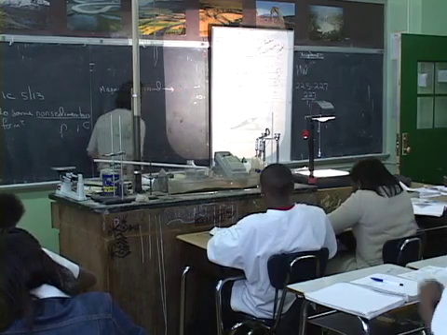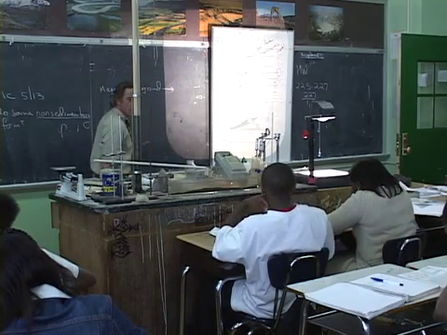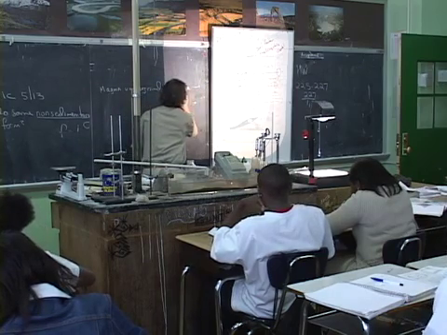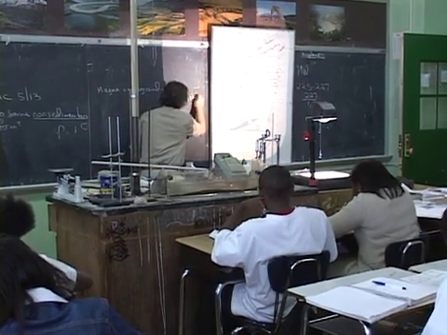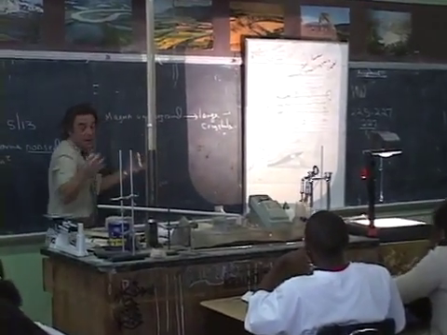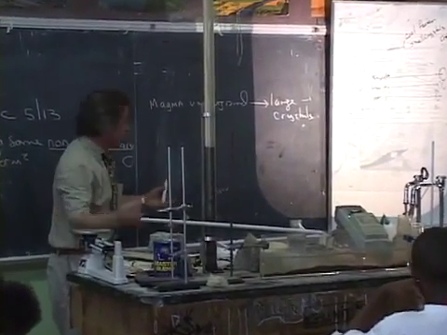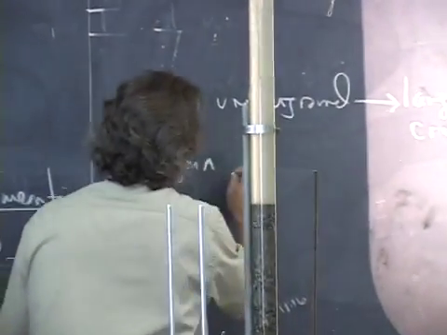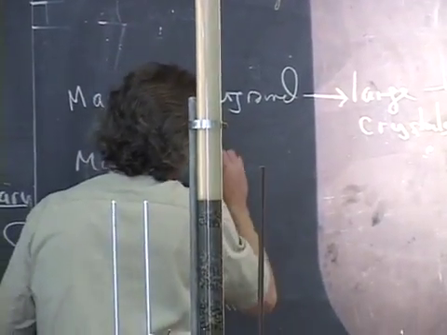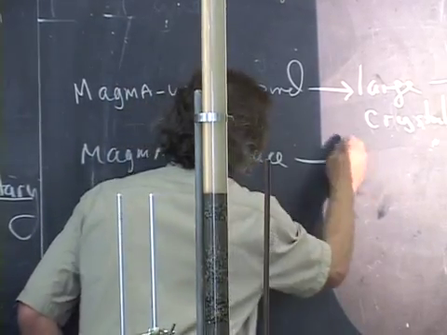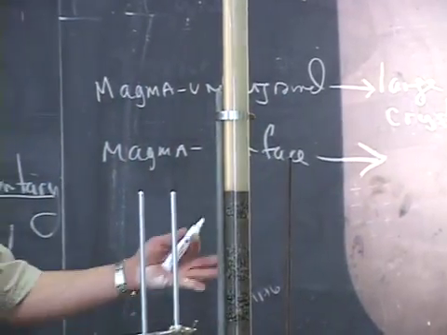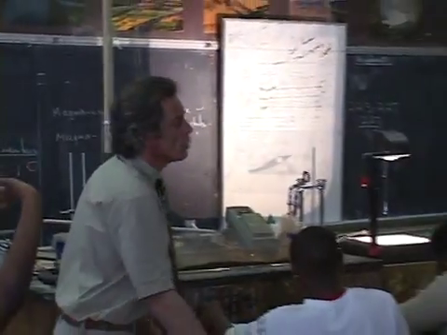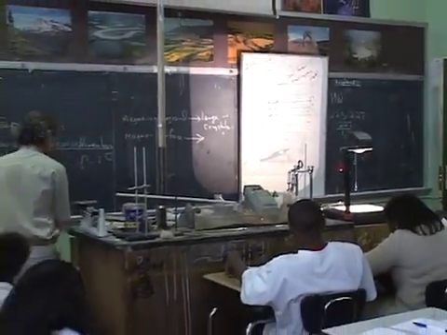Tell us about the size. Big. Okay. And on the other hand, if the magma came out at the surface, maybe through a volcano, then what's going to be the size of the crystal?